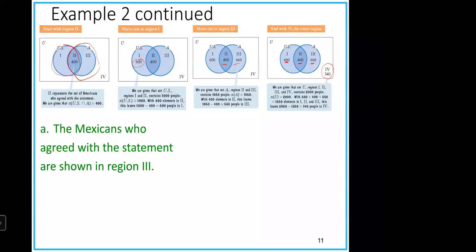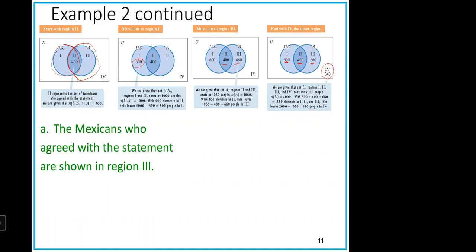The first one, the Mexicans who agreed with the statement are shown in region 3. Okay, because region 3 does not include Americans. All the Americans are in either region 1 or region 2. That whole circle of 1,000 represents the Americans, and they only interviewed Americans and Mexicans.